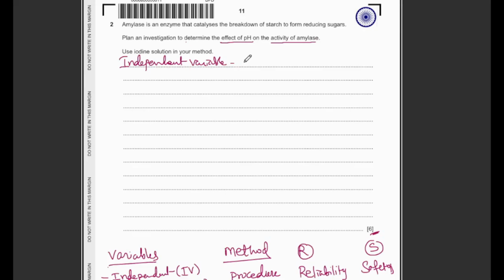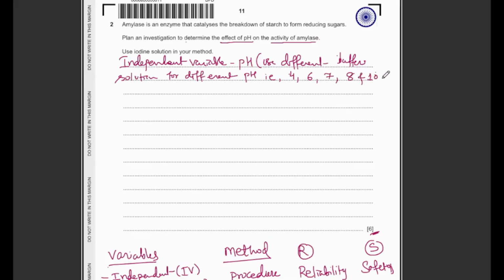So we'll mention pH, use different buffer solution for different pH, that is 4, 6, 7, 8 and 10.